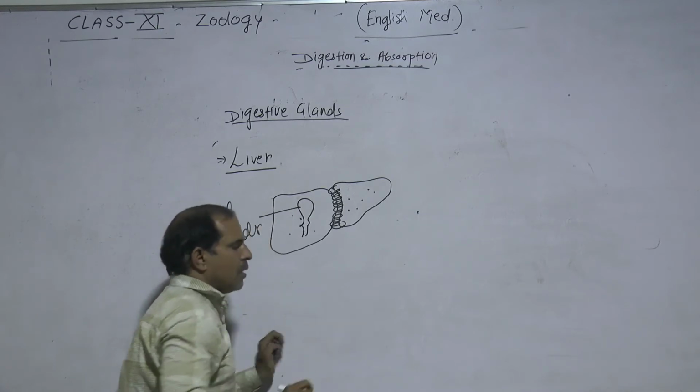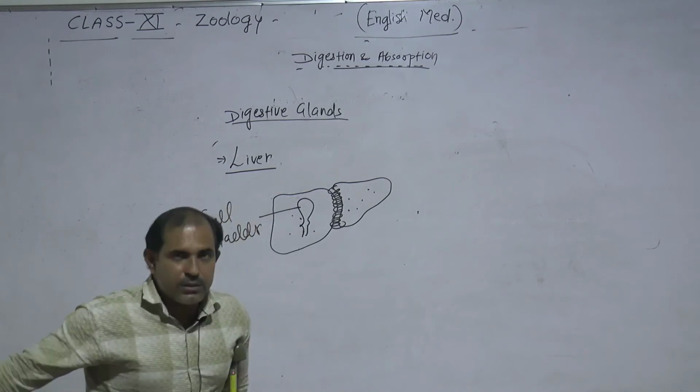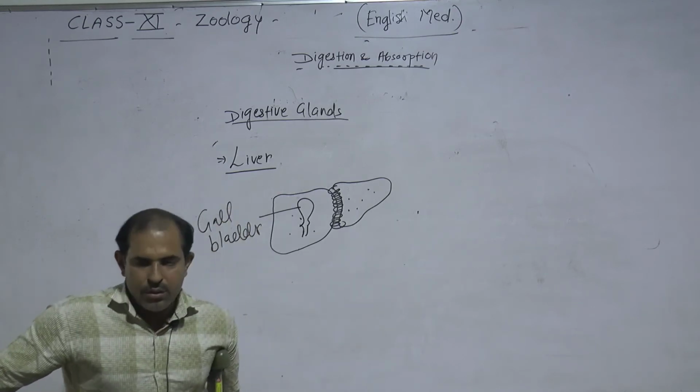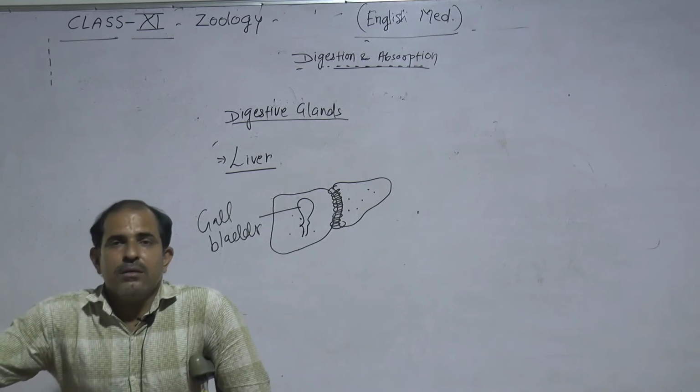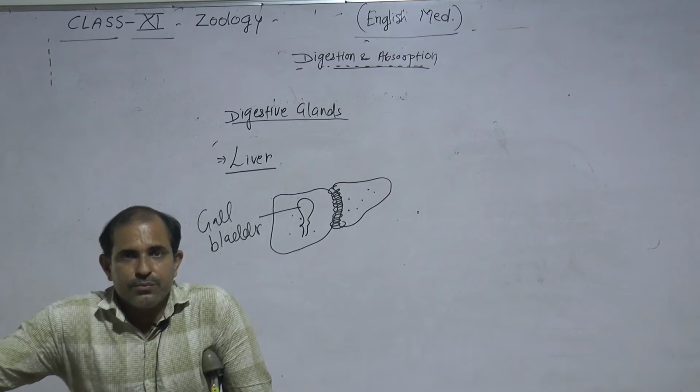And the gallbladder stores and concentrates the bile juice.